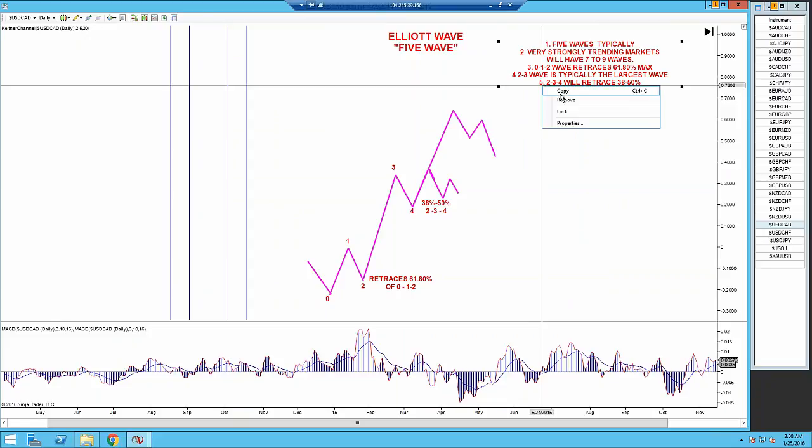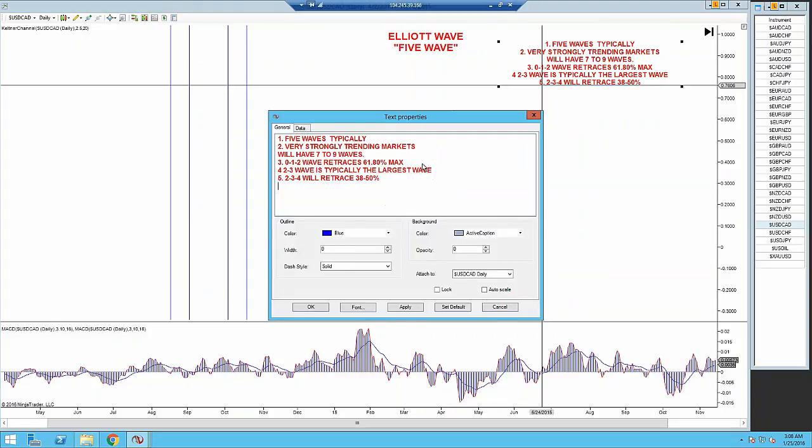What we want to add now, right, is on number 6, wave 4 will not violate wave 1. Let's watch.